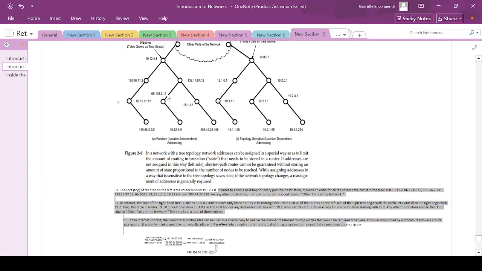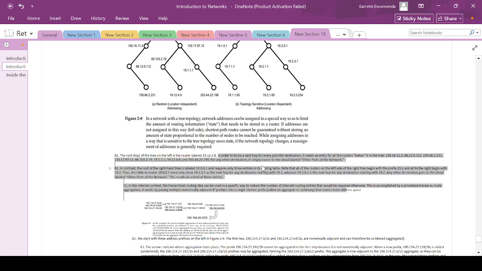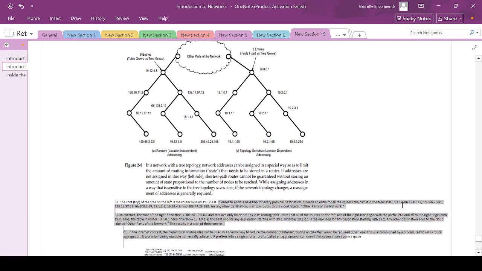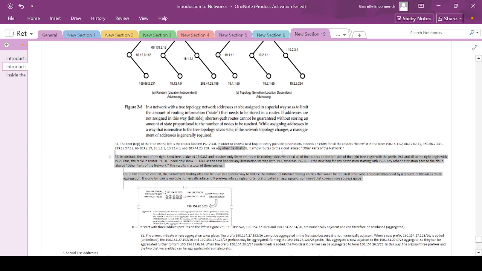So to get to the next hop, it needs to save the state for all the routers below it instead of just left and right. Because here you can just create an algorithm that if it's less than 19.10 or if it's greater than, then you put that into the right side. So for any other destination, it simply routes to the cloud labeled other parts of the network.